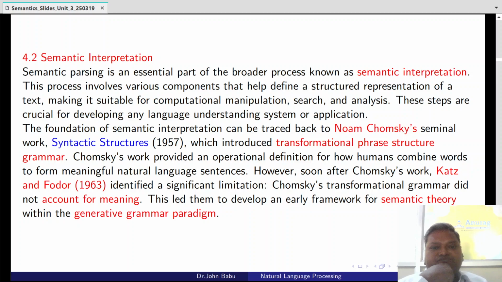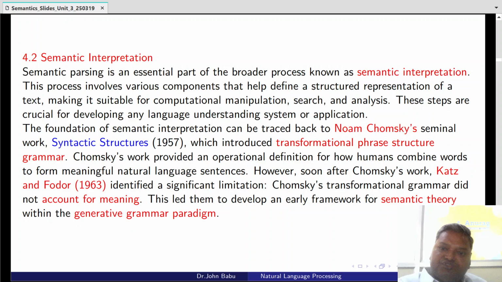The foundation for this semantic interpretation can be traced back to the father of NLP linguistics, Noam Chomsky, a towering personality in the field of natural language processing.